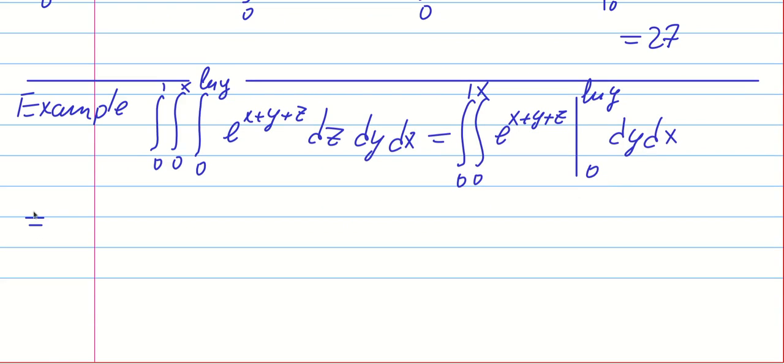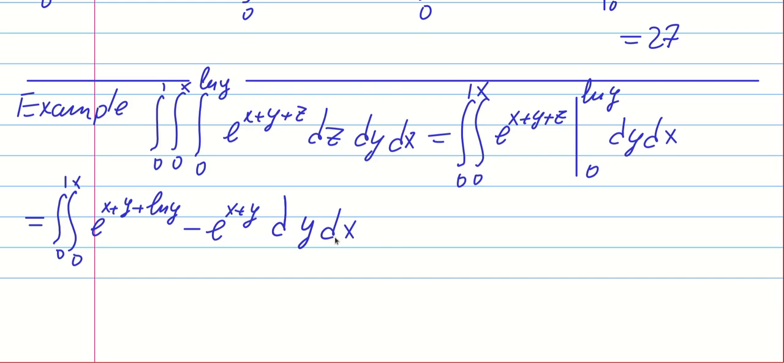So let's plug it in. So what do we get? We get integral from 0 to 1, integral from 0 to x. So we plug in ln first, so we're going to get e to the x plus y plus ln of y, minus e to the x plus y if we plug in 0, dy dx.